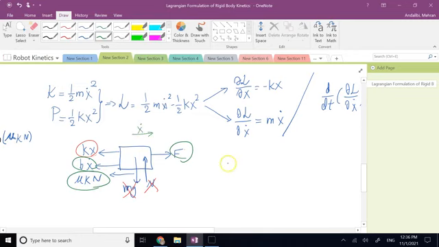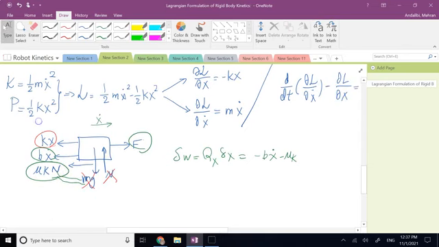Because definitely the virtual work done here is going to be Q of x times delta x, but in the real world it is negative kx, or negative k is already considered, negative Bx dot, negative mu k times N, and you know N is the same as mg, right?